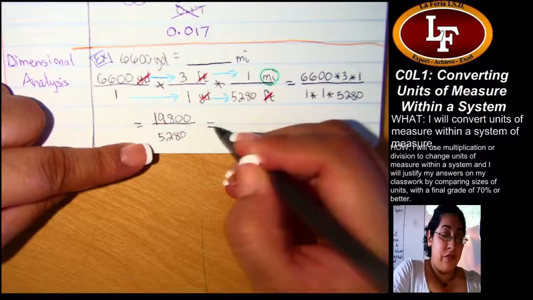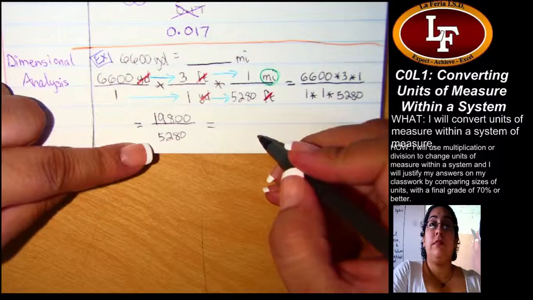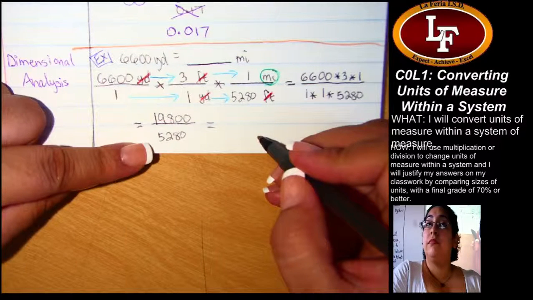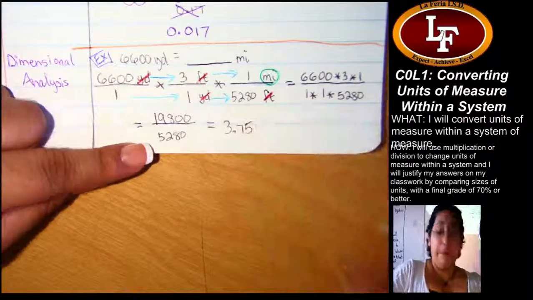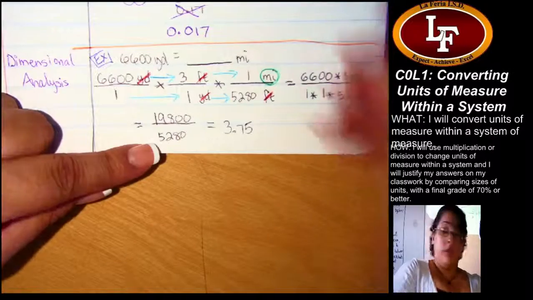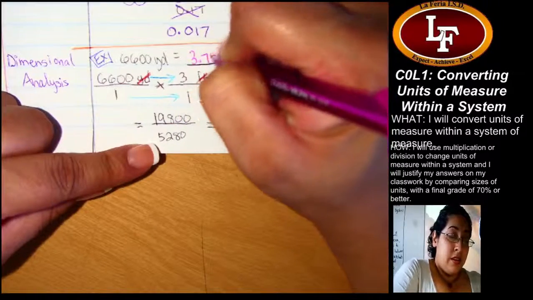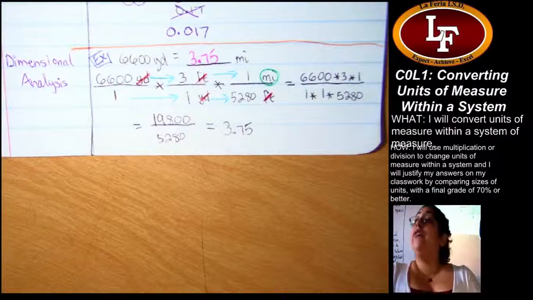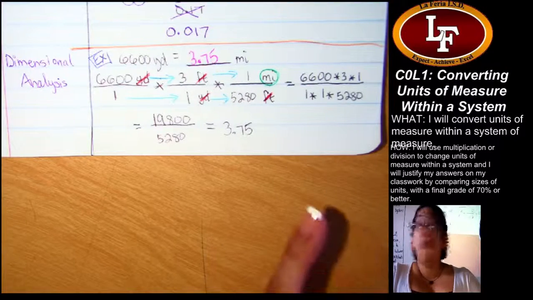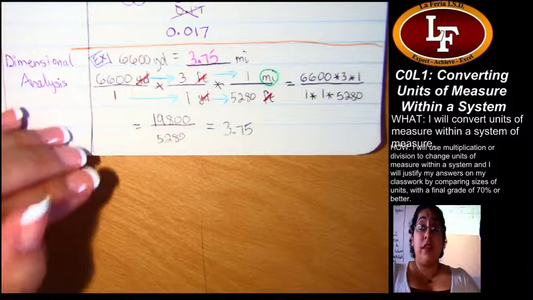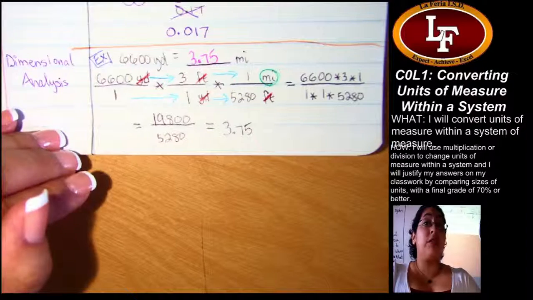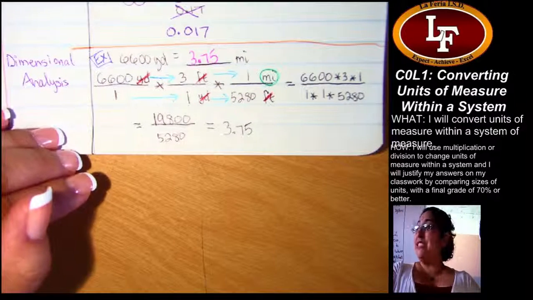All right, do the division for me. 3.75. Yeah, got it confirmed. If you're still working on lesson 1's work, which is fine if you are, and you want to do this dimensional analysis, your justification becomes, I used dimensional analysis.